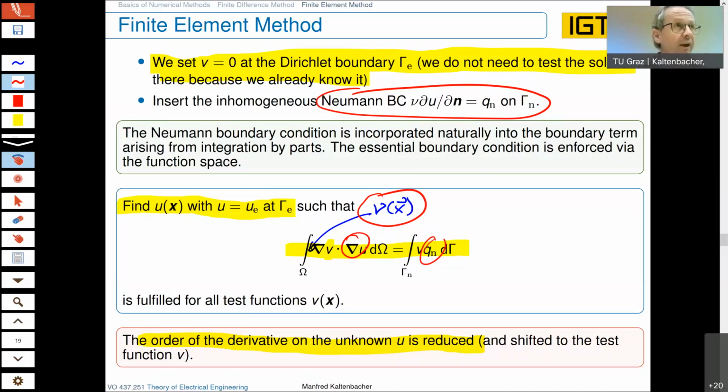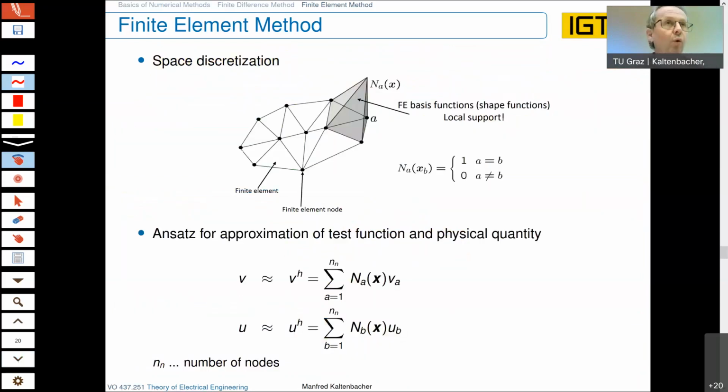Okay, now, since we cannot solve this weak formulation for general setups analytically, we go and now do similar steps, but being different again from the finite difference method. So first of all, we have to do a space discretization. So as you can see here, we have a computational domain, very simple domain in 2D here, and we subdivide this domain in finite elements.